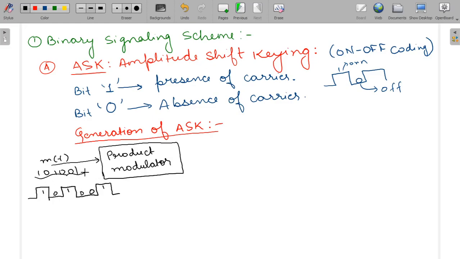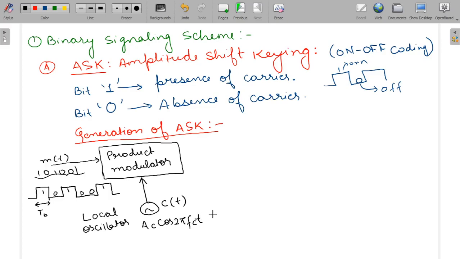The duration of 1 bit is known as bit duration. Now in the product modulator, we give carrier signal c(t) using the local oscillator. This local oscillator produces a carrier signal, cosine signal Ac cos 2 pi fc t.